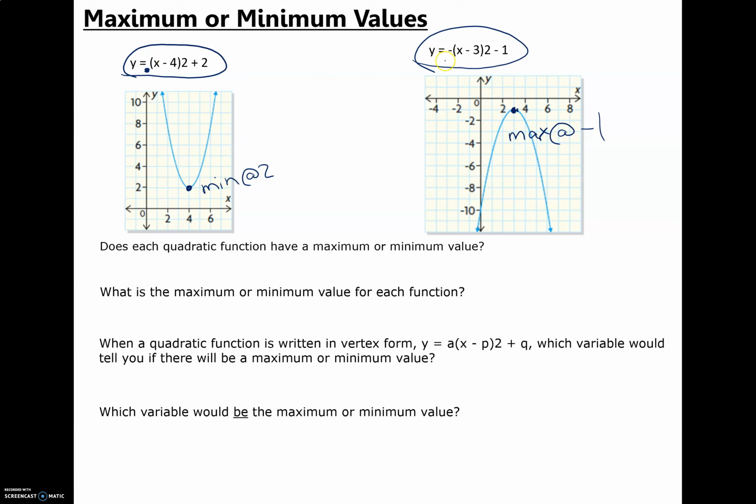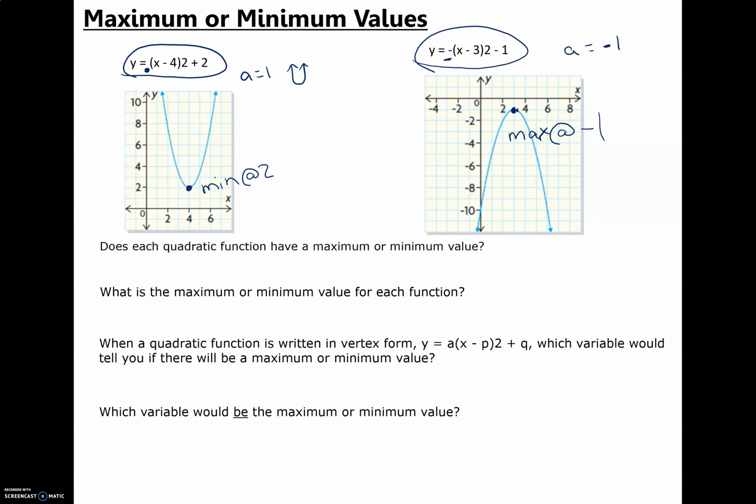And we're looking to see what sign that A value is. So here in this example, the A value is 1, and it's a positive value. And in our example 2, it's a negative. If we have a positive A value, we have a graph that faces up.